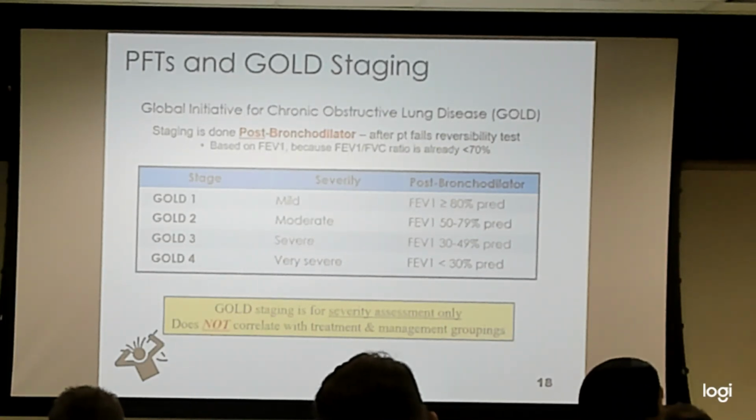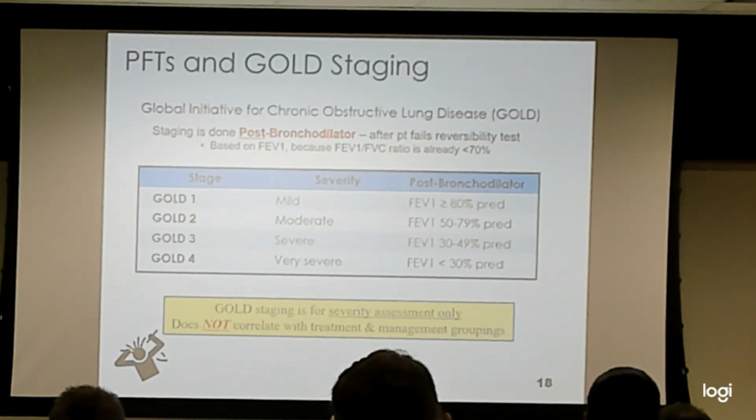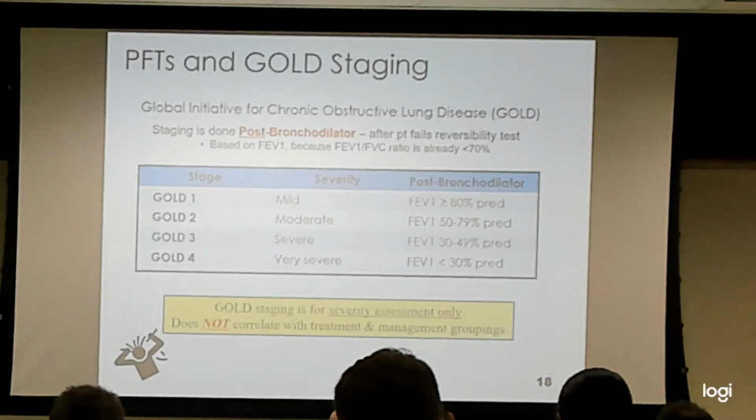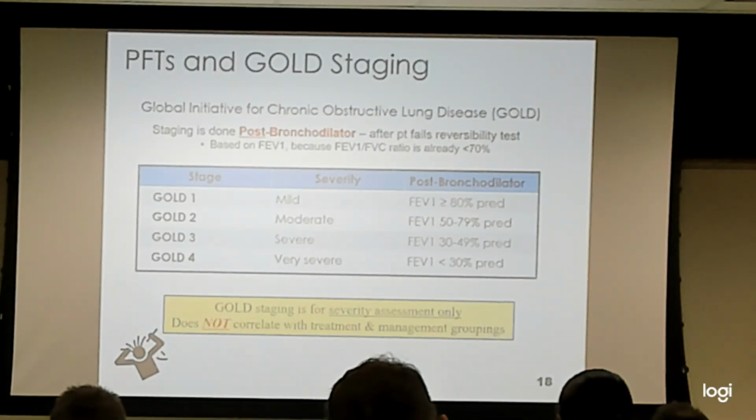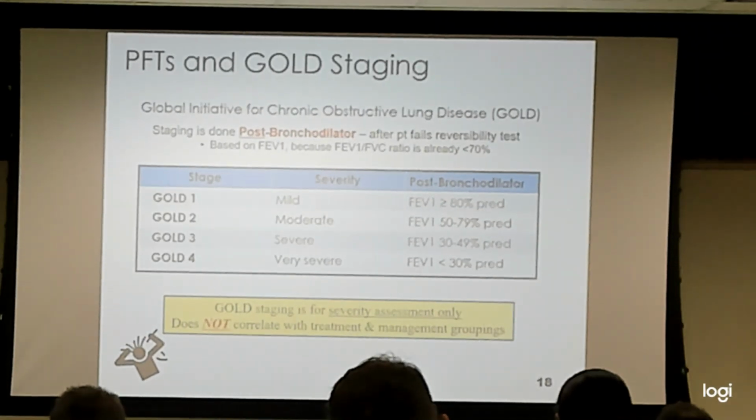So a little frustrating. This chart will be on that slide I give you on your desk, so you don't have to memorize these numbers in any way, shape, or form. But GOLD staging is just a common language that we use in medicine when we're talking about this disease. And it's based off the post-bronchodilator FEV1. And we'll do a practice one after this to kind of solidify it.